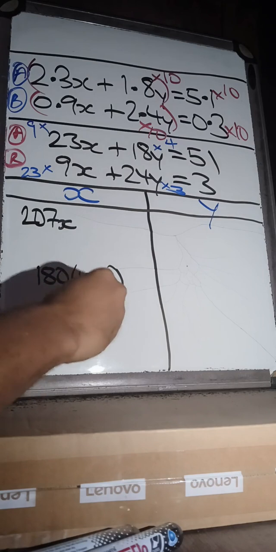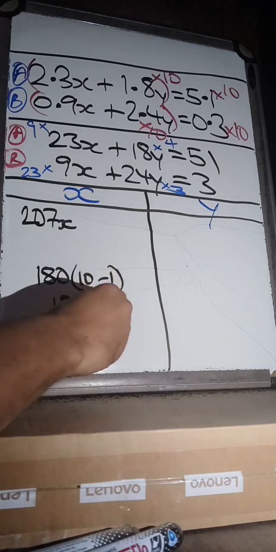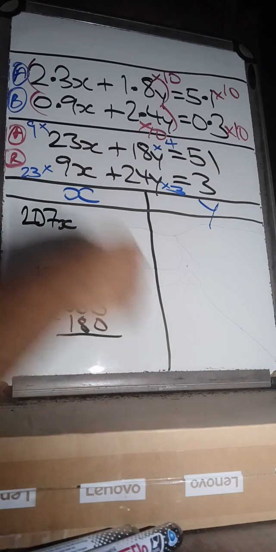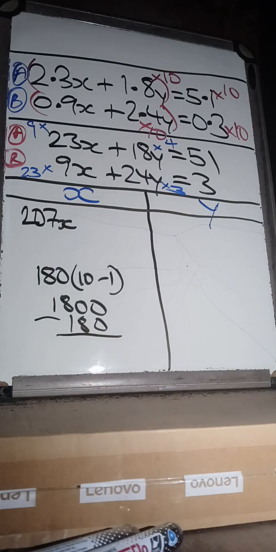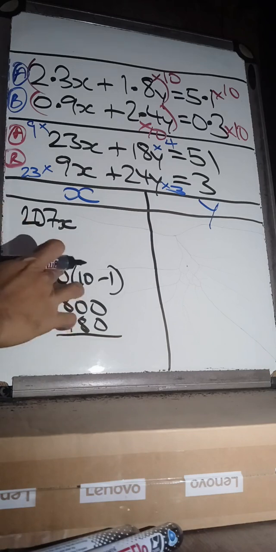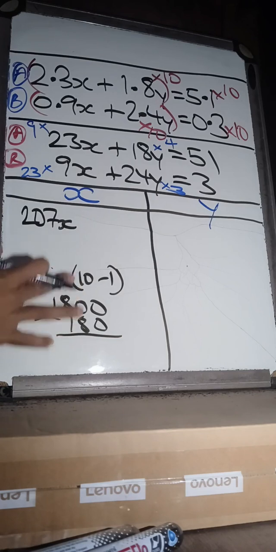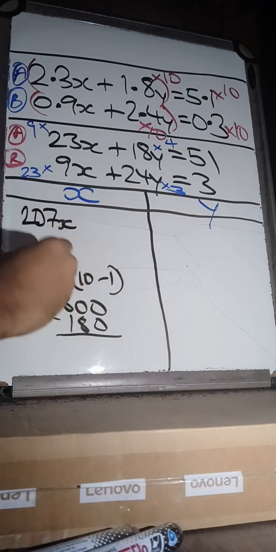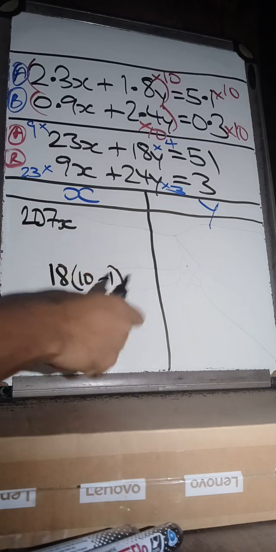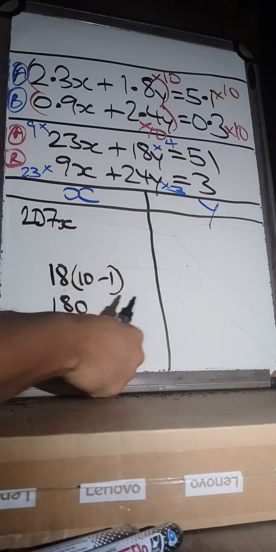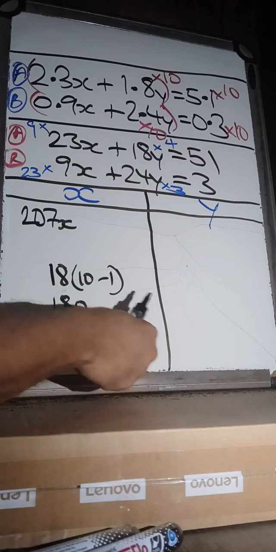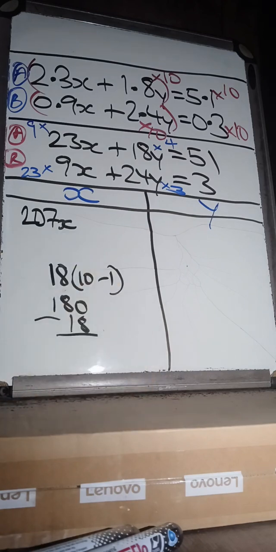So why did I do that? Look at what I'm doing. Come on. 18, not 180. So it's 18 times 9.